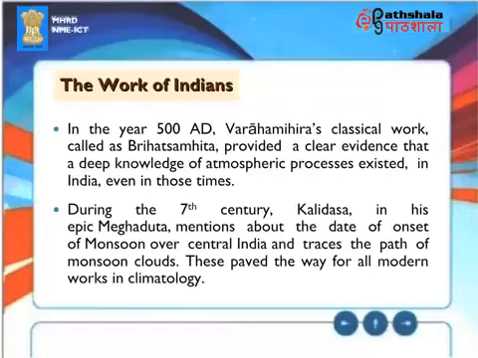In the year 500 AD, Varahamihira's classical work, called Brihat Samhita, provided clear evidence that a deep knowledge of atmospheric processes existed in India even in those times. During the 7th century, Kalidasa, in his epic Meghaduta, mentions the date of onset of monsoon over central India and traces the path of monsoon clouds. These paved the way for all modern works in climatology.